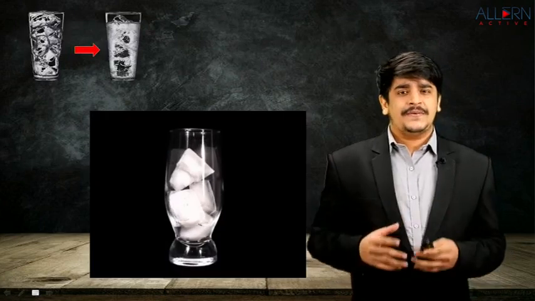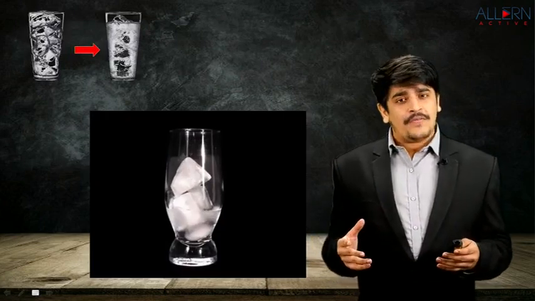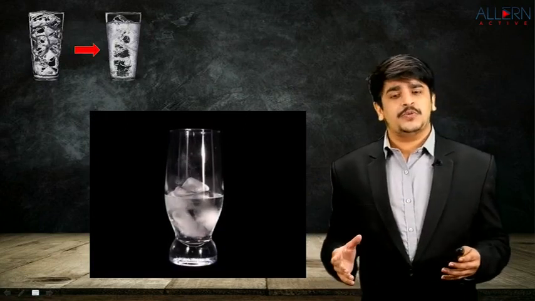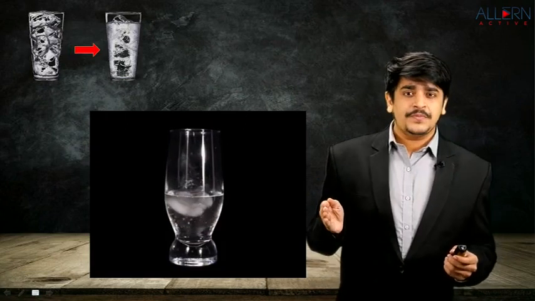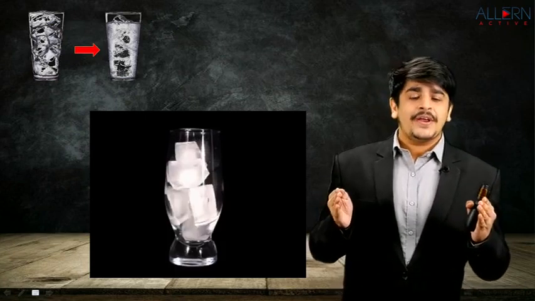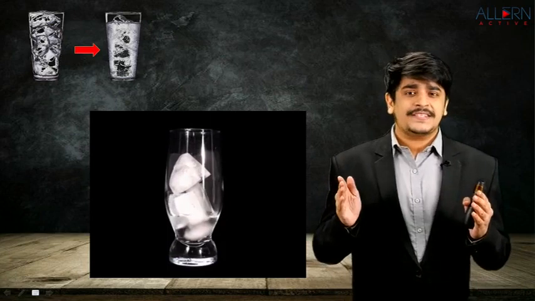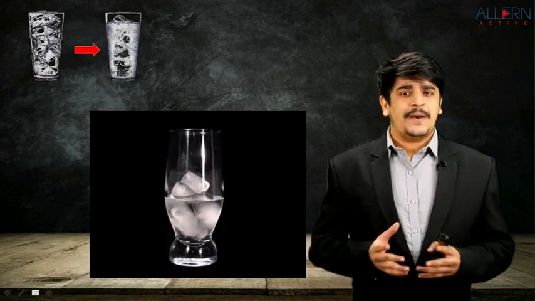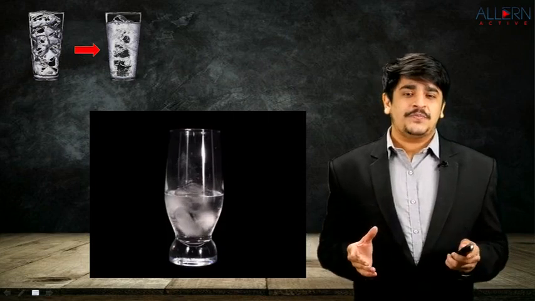Let's understand that the melting of ice is actually considered to be a physical change, where the solid converts into a liquid, where you start with ice and convert it to water. That's an excellent example of a physical change.